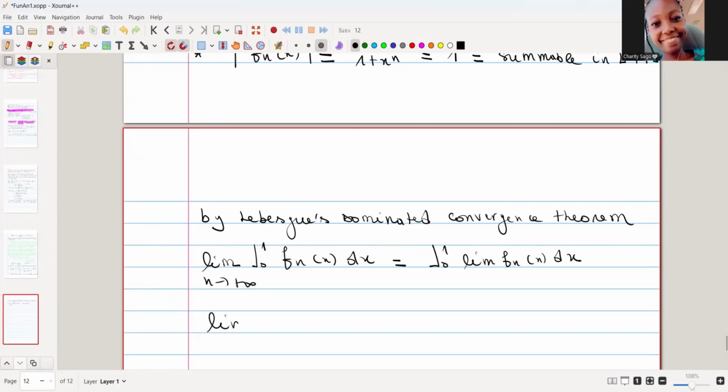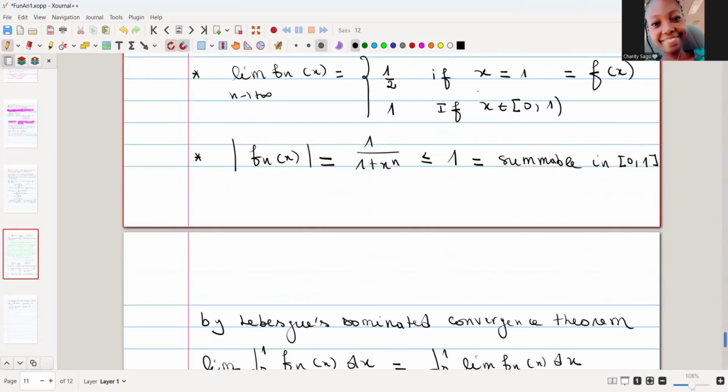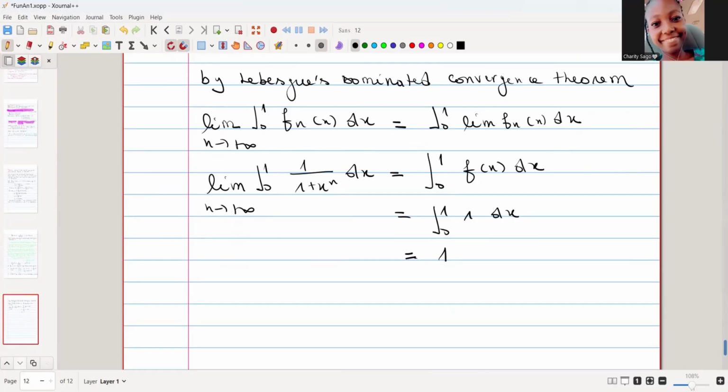So this means that the limit of the integral of 1 over 1 plus x to the power n dx when n tends to plus infinity is equal to the integral from 0 to 1 of f of x dx. This is the integral of 1 dx, which is equal to 1.